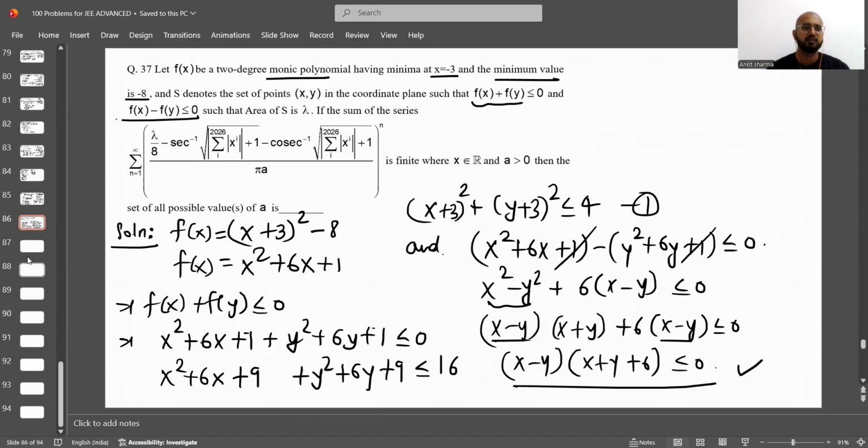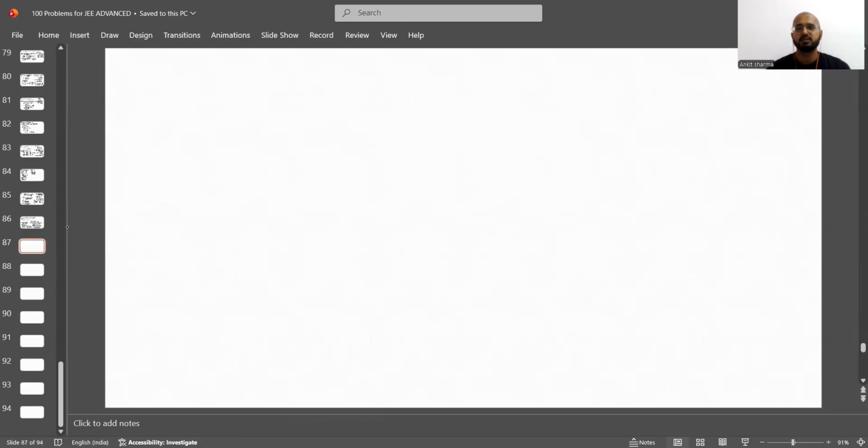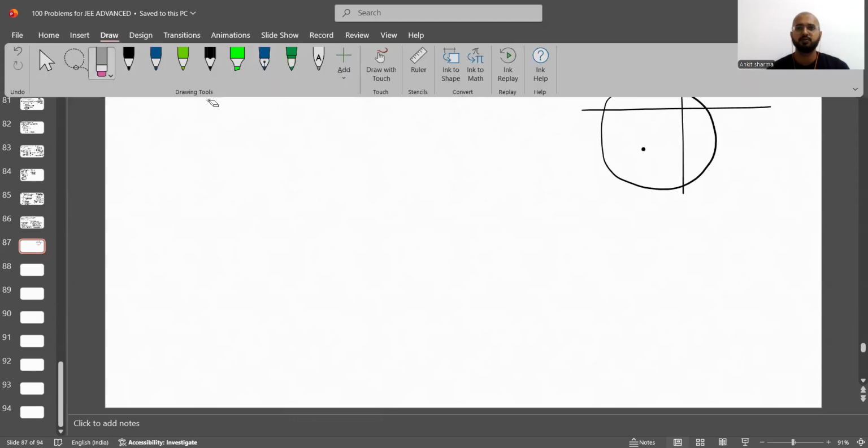So if we plot it, say I have a circle here. What's the coordinate system? So center is at -3, -3. This is my circle, would go somewhat like this. Apologies, very bad at drawing.